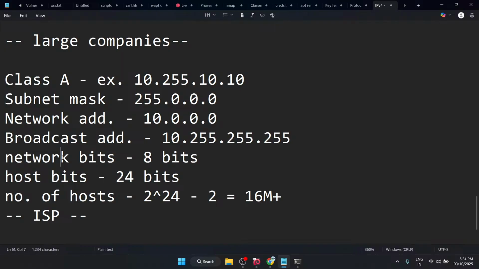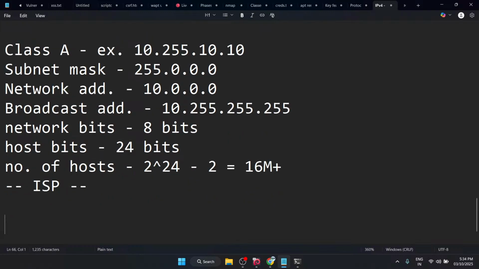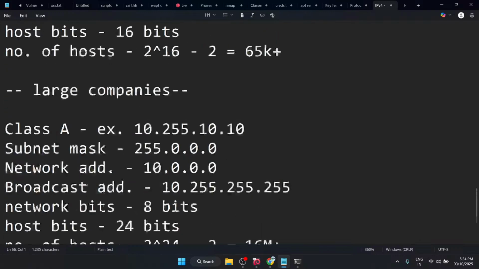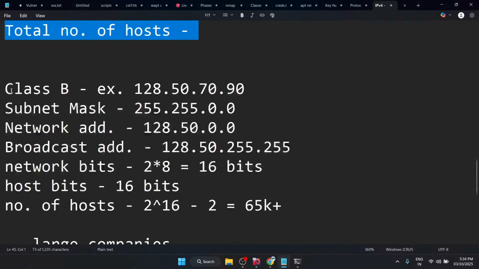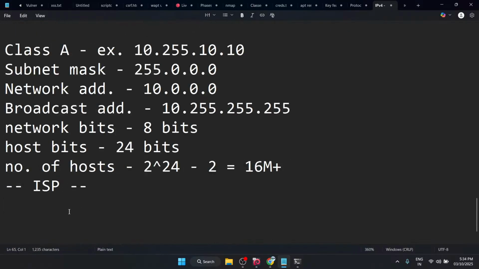So here's another question for you guys. Just do not forget to answer this question as well. This was for the class C. Now let's take one more question for class A IP. We have got an example IP, something like 20.30.40.50.